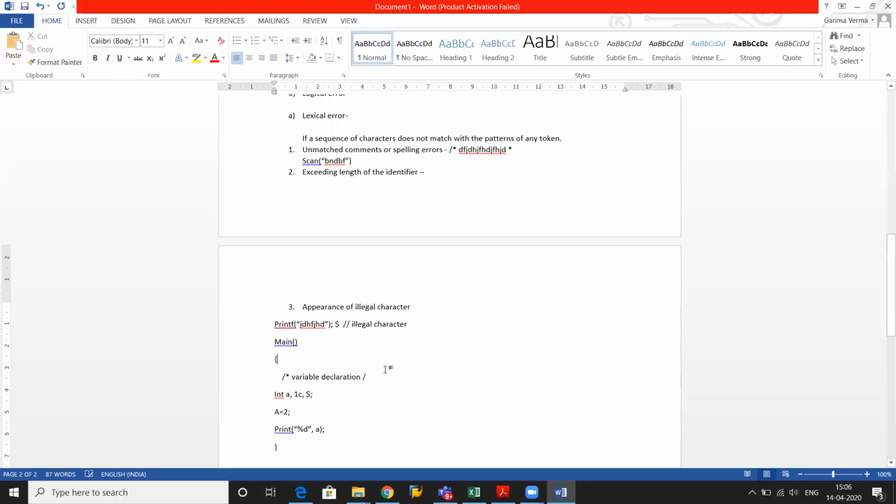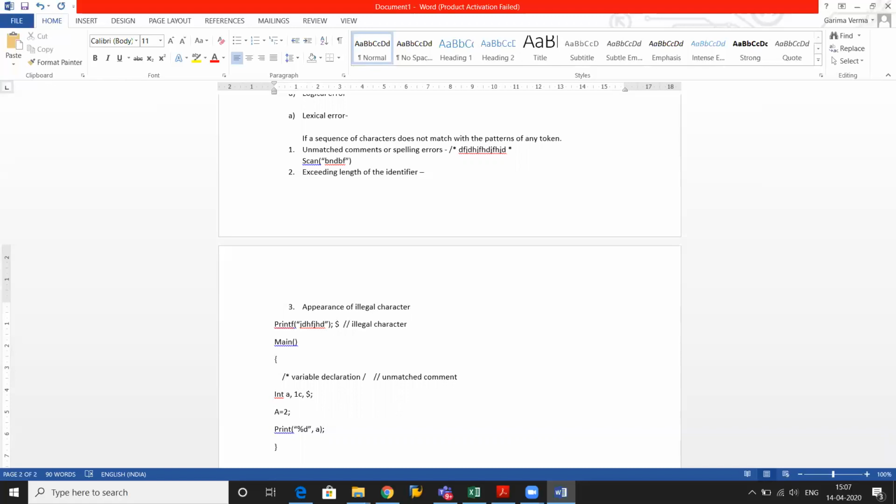So in the first line, I have tried to write a comment, but the ending of the comment is unmatched. So that is why I'll get an error, unmatched comment. Okay. In the second line, integer A is perfectly all right, but 1C is not. If we take the syntax of the C language, you can't start the name of an identifier with a numeric.